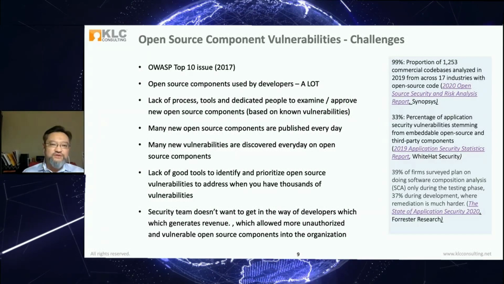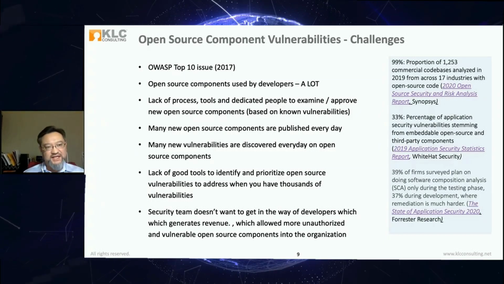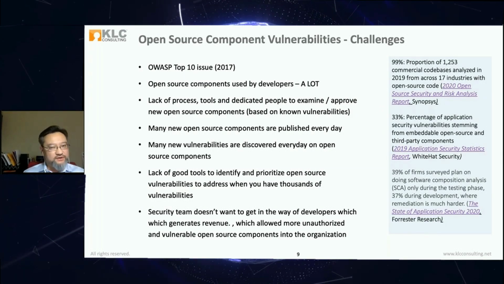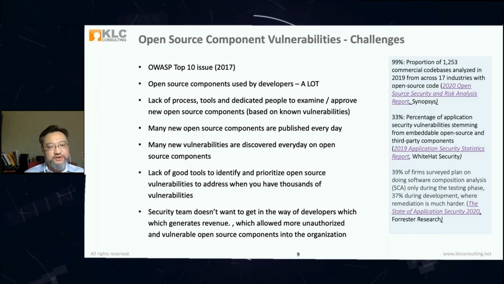We want to do the open source component vulnerability assessment scanning as early as possible. If you do it in the development phase, you are letting the developer choose secure or less vulnerable open source components to use during development. So when it comes to the testing phase, most likely you already have clean, very secure, less vulnerable open source components, right? So you don't have to ask the developers to do too much at that time.